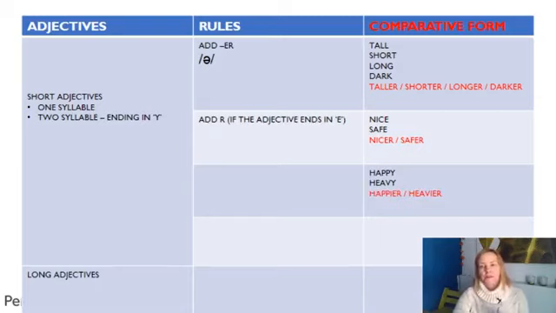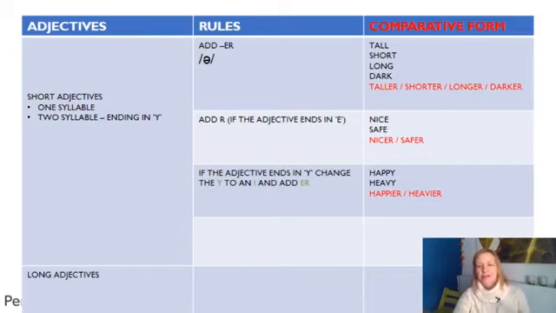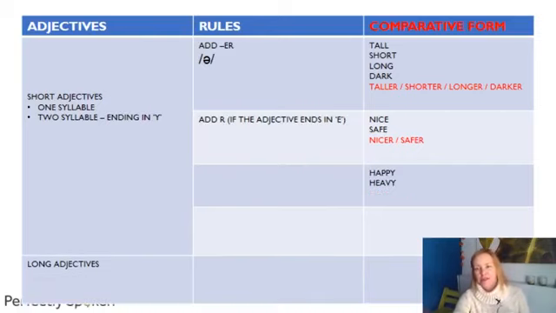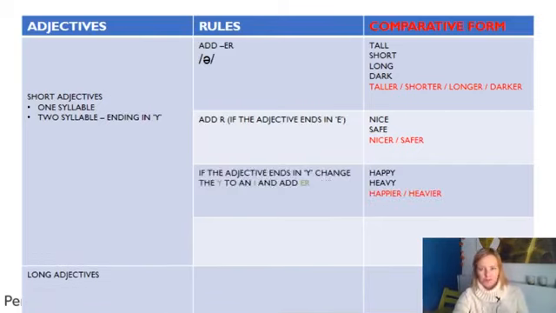And the comparative is happier, heavier. So here you can see if the adjective ends in Y, change the Y to an I and add ER. So you can see here the change.